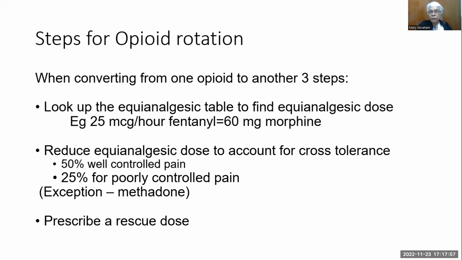That is the equianalgesic dose. But after you calculate the dose, because of the cross tolerance that may be there, you may have to reduce the dose by 50% in patients with well-controlled pain, and in those with poorly controlled pain, you reduce it only by 25%. The exception is methadone. I'll talk about it later. And then you need to prescribe a rescue dose as well.